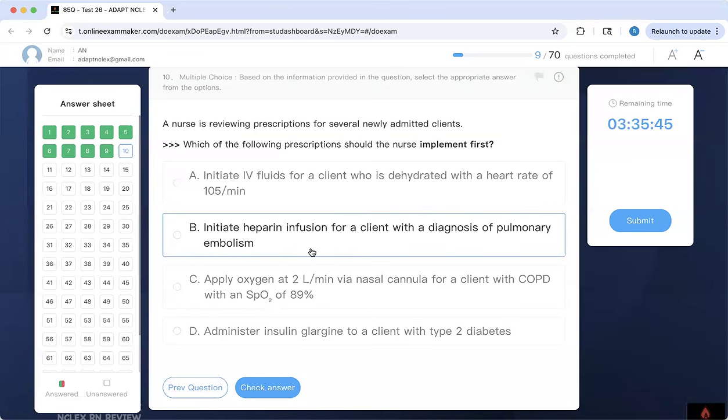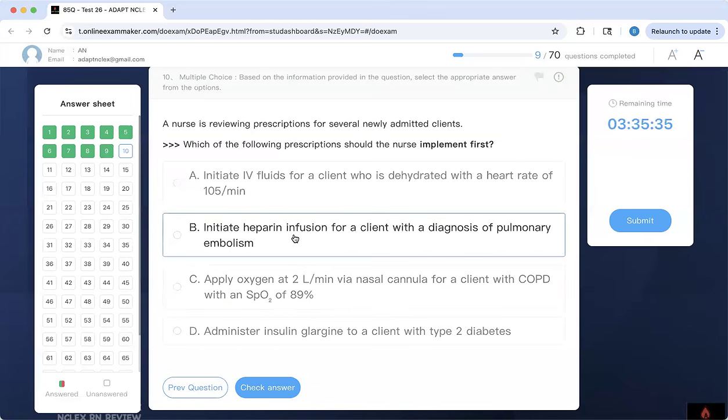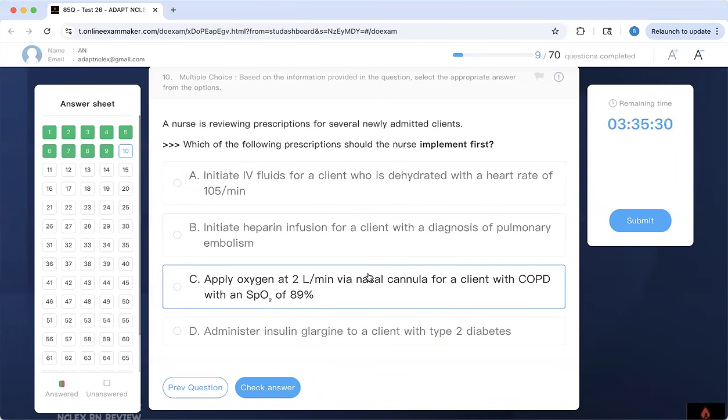Apply oxygen by nasal cannula for a client who has COPD, saturation 89. Give insulin glargine for a client who has type 2 diabetes. Which one is more important?